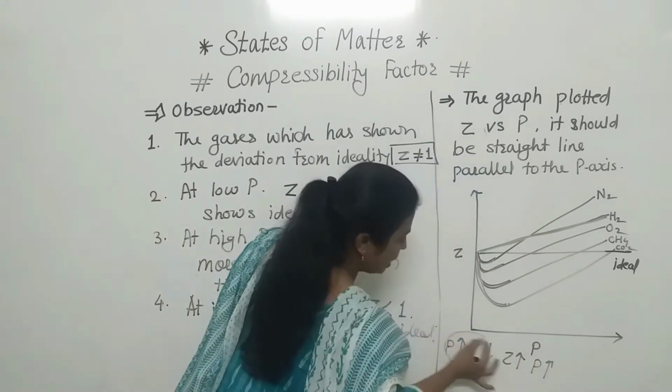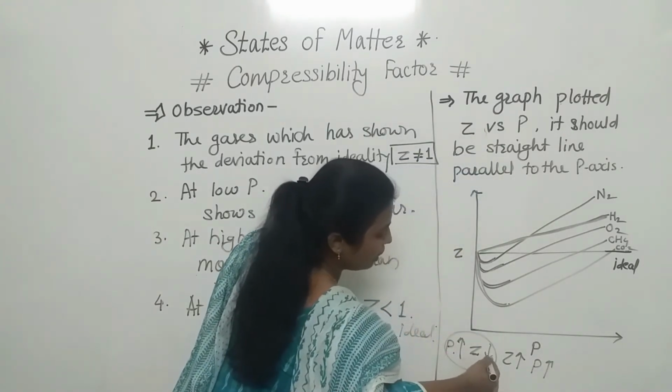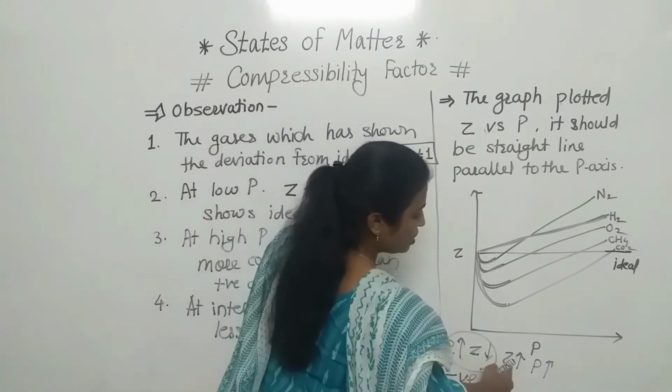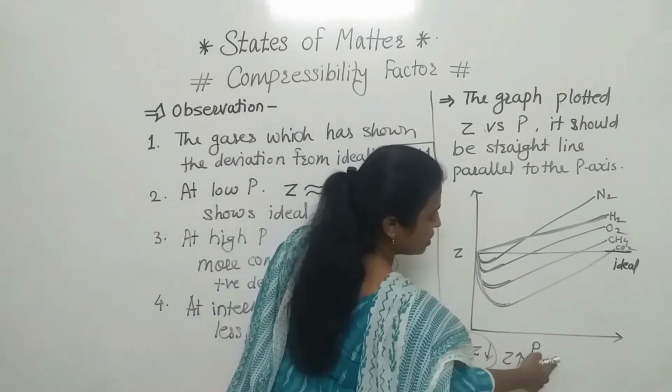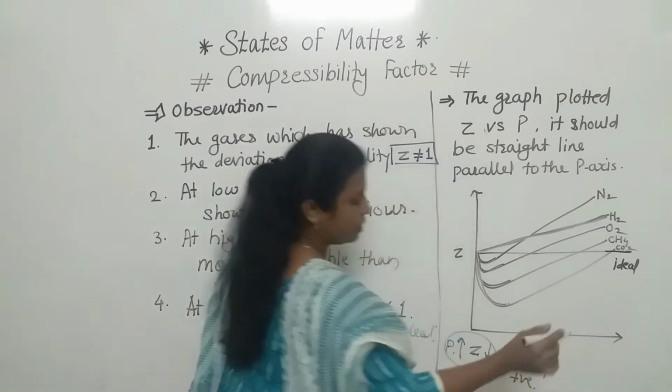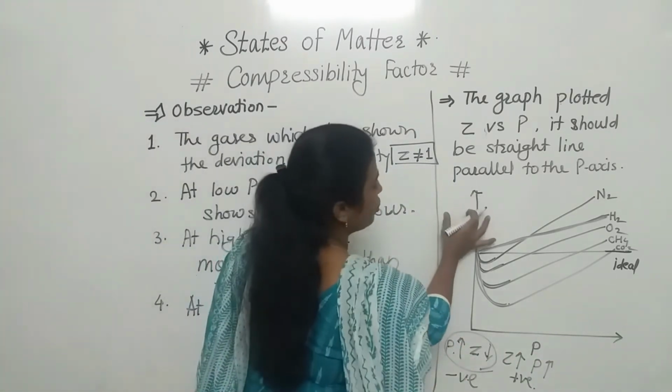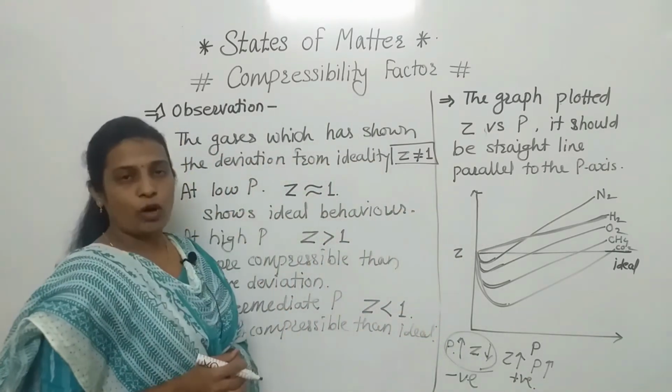Firstly pressure increases but Z value decreases; that is the negative deviation. And where the Z value increases with the increase in pressure, that is the positive deviation. So in this way we have completed the graphical representation and some observations.